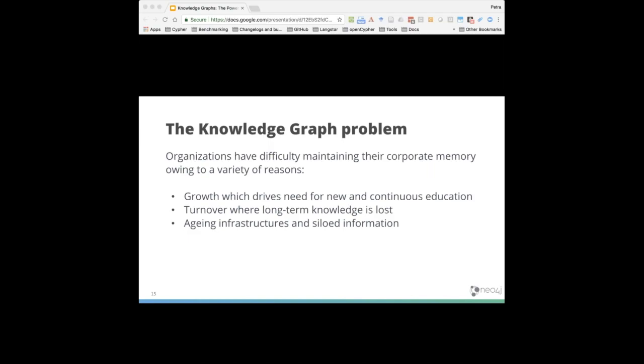The point I can resonate with a lot is the last one, which is the aging infrastructures and siloed information, where all of these different silos spread across an organization may contain really great nuggets of information. The problem is, of course, you can't get to it. And that's what knowledge graphs seek to solve.